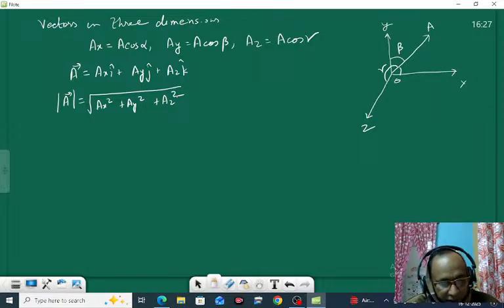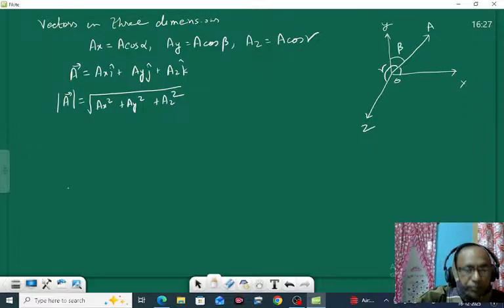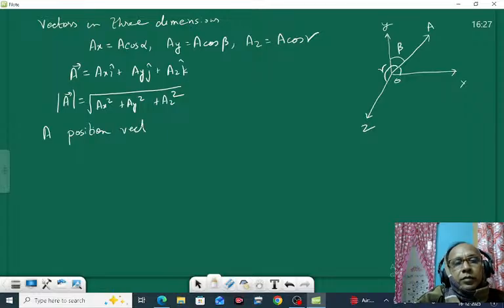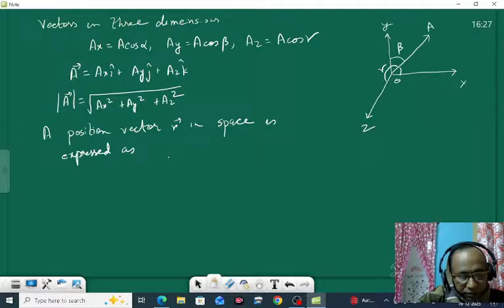A position vector R in space is expressed as vector R equal to xi plus yj plus zk.